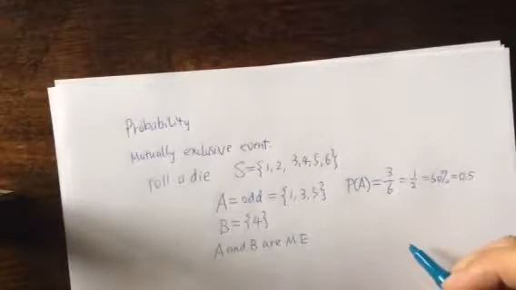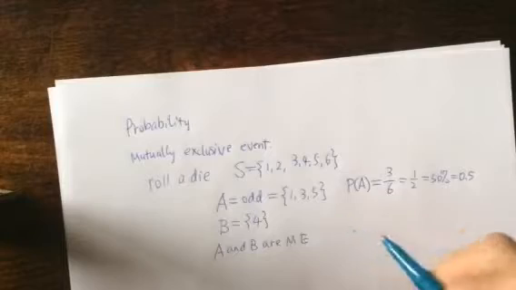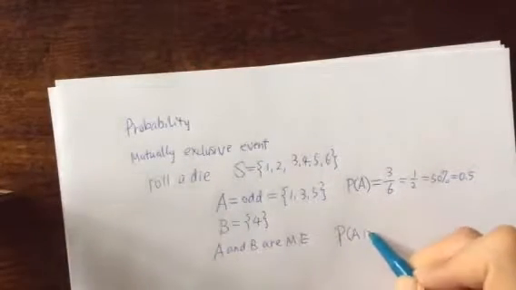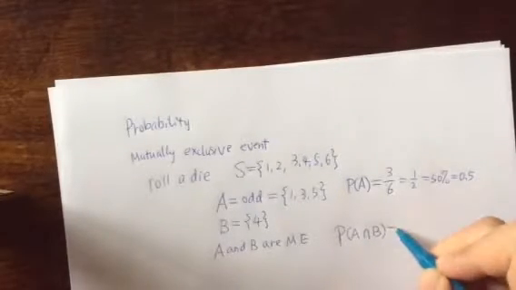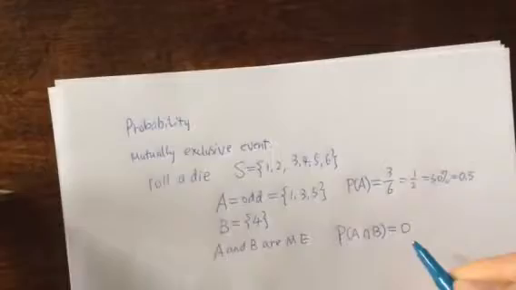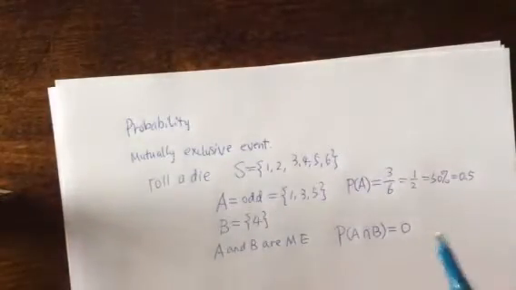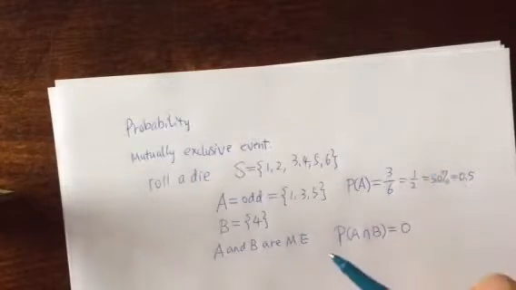And in this case, how do we represent mathematically that they are mutually exclusive? We would say the probability of A and B, that's the notation for and, is equal to 0. Because there's 0 chance for a die to be both one of the odd numbers and a 4.